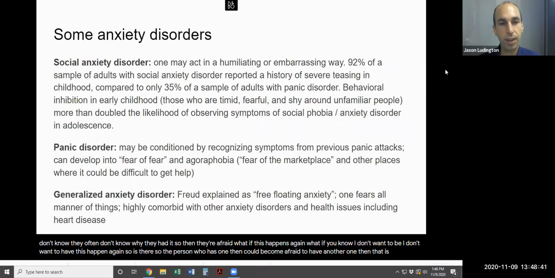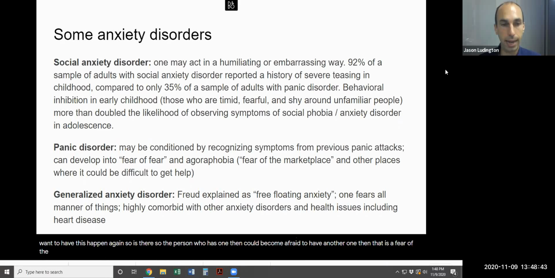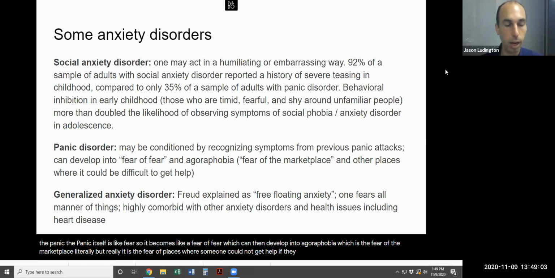Then that is a fear of the panic. The panic itself is like fear, so it becomes like a fear of fear, which can then develop into agoraphobia, which is the fear of the marketplace, literally, but really it is the fear of places where someone could not get help if they need help.